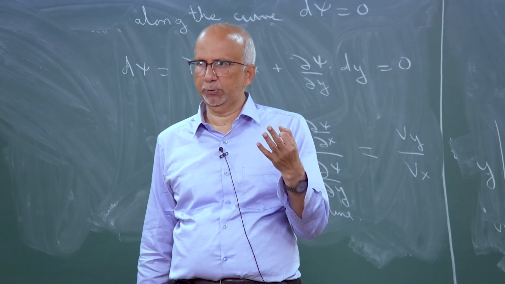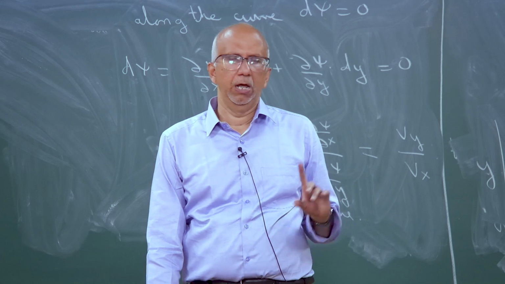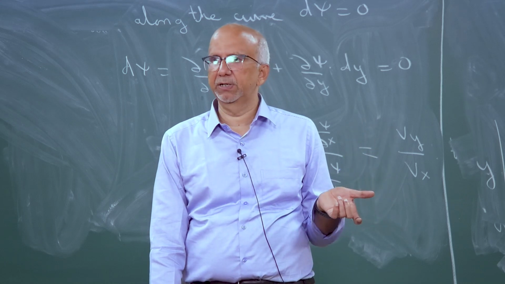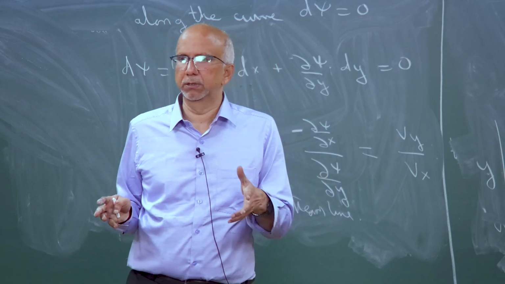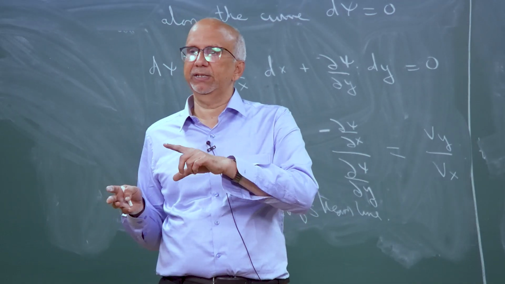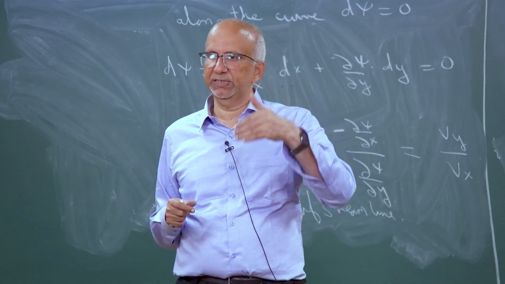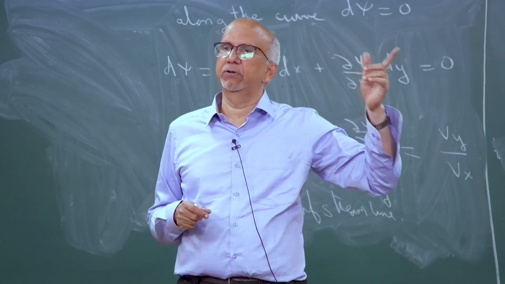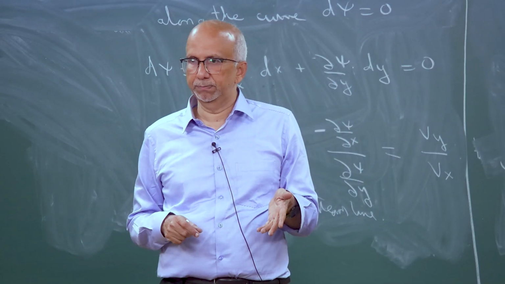So, I have basically three equations to solve for the pressure and the two velocity components. When you use the stream function, what we do is we eliminate the velocity and find the solution in terms of the stream function. We first find the stream function and then you use these definitions of Vx, Vy to find the velocity.